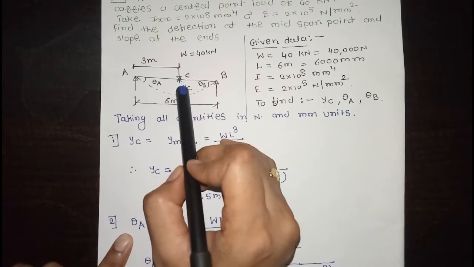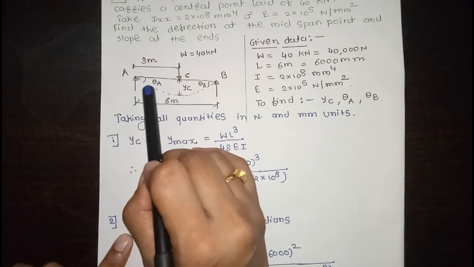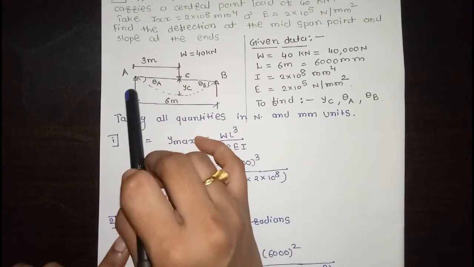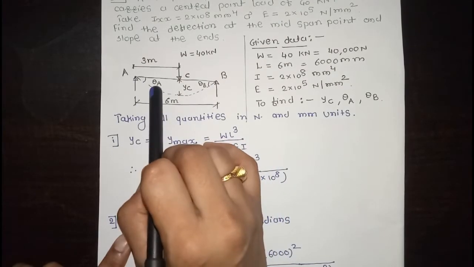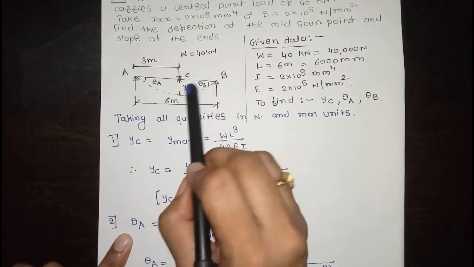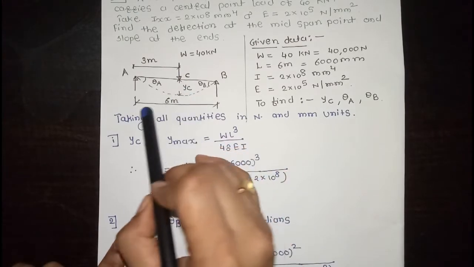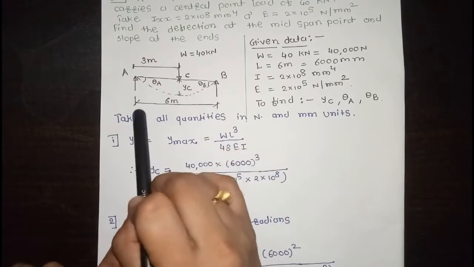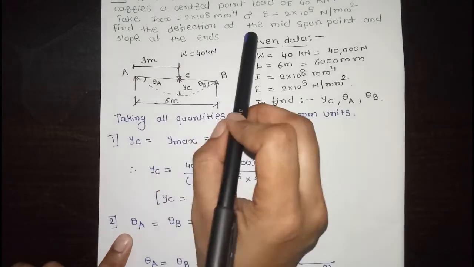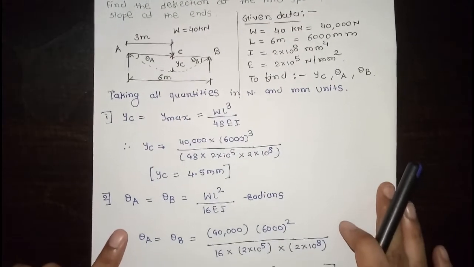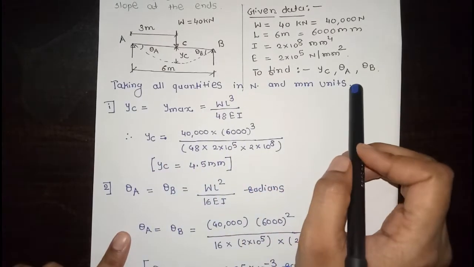We calculate the deflection at the mid-span point, YC, and slope at the end points, theta A and theta B. The beam has a span of 6 meter and load of 40 kilonewton. So taking all quantities in Newton and mm units.